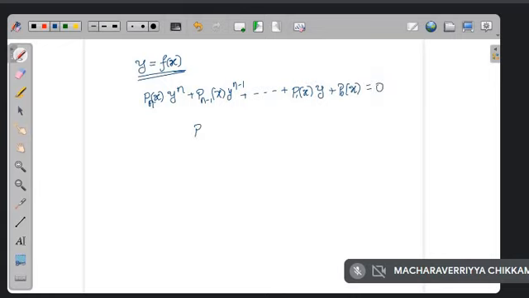I hope you know what is meant by this pi of x. The pi of x is a polynomial in x.